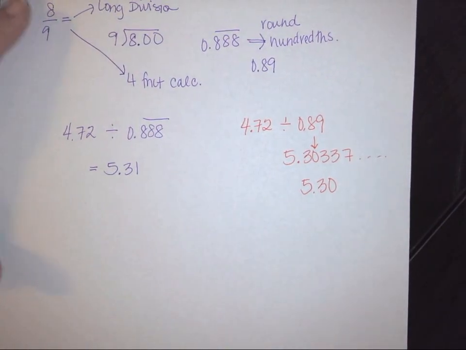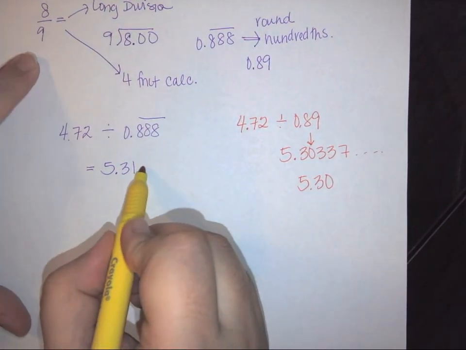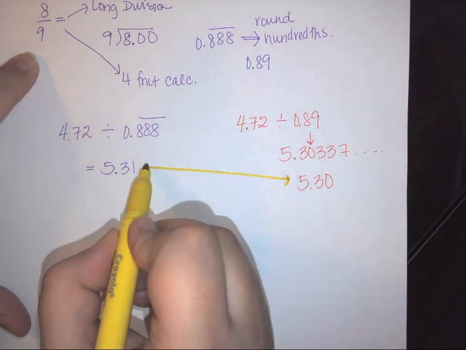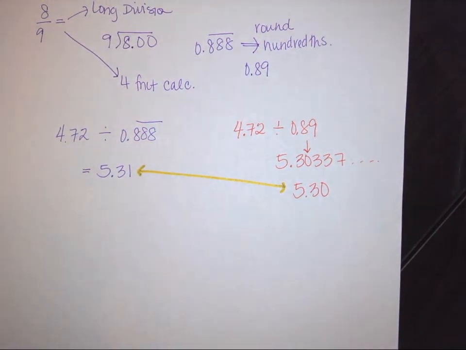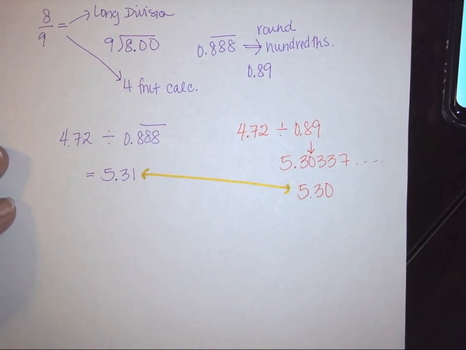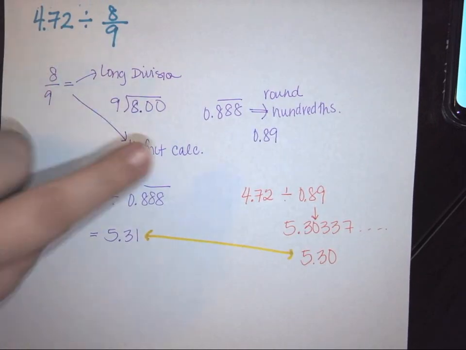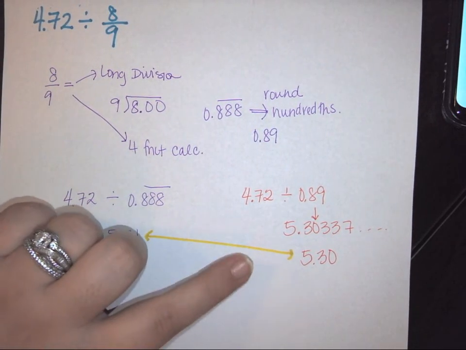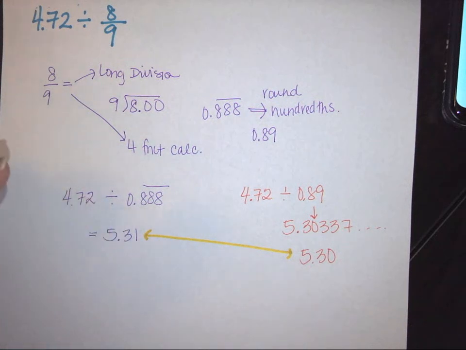So with that, take a look at these two numbers. They are similar, but they are not the same. So the point that I'm making here is this: the earlier that you round in a problem, the more off your answer is going to become.